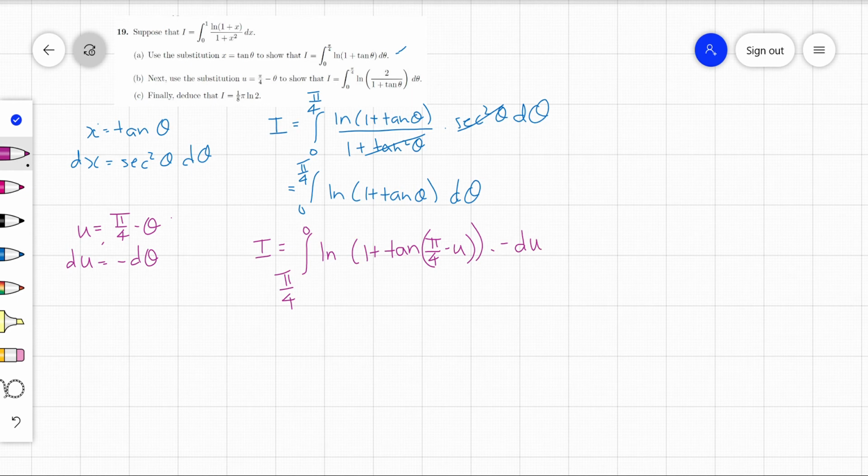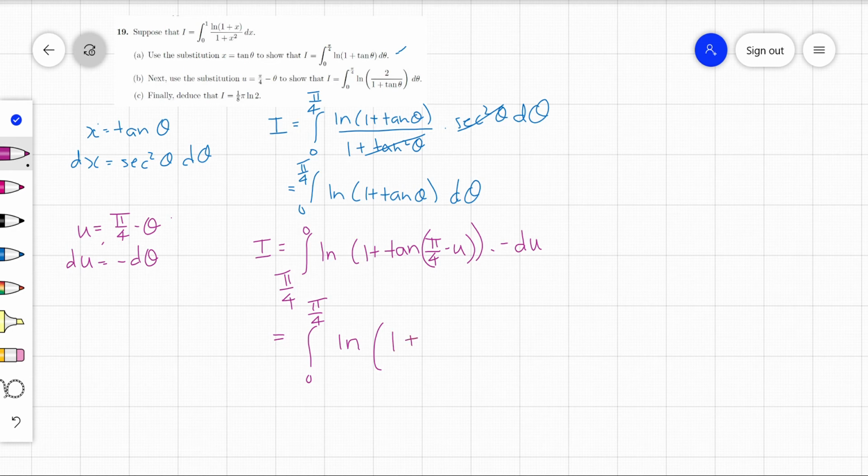I can take care of that minus by just switching the limits. So we know how to expand this.